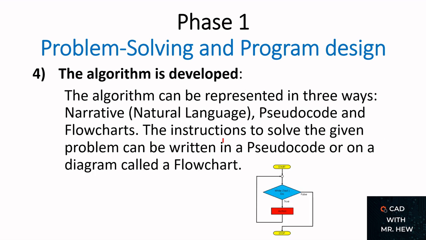The algorithm can be represented in 3 main ways: narrative, which is natural language, pseudocode, and flowcharts. The instructions to solve the given problem can be written in a pseudocode or on a diagram called a flowchart.